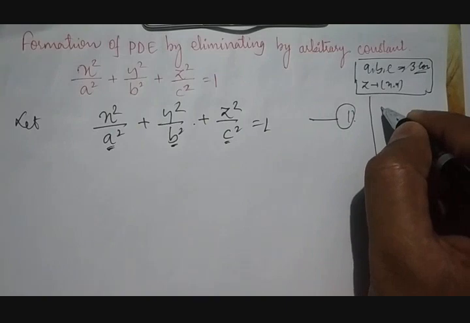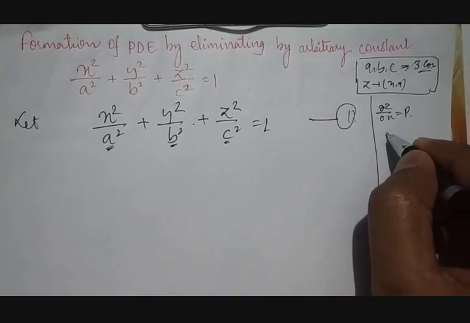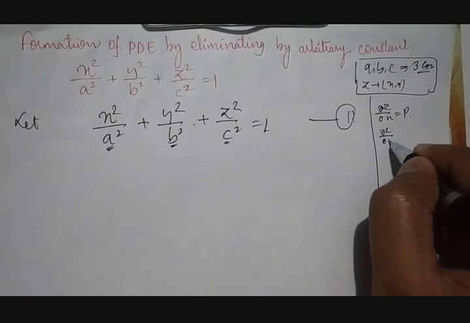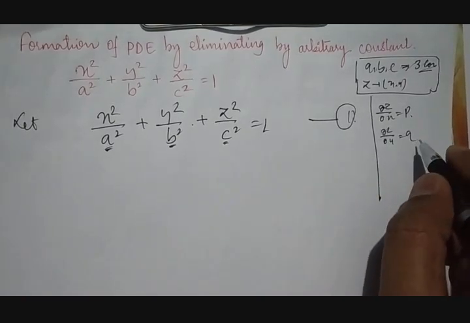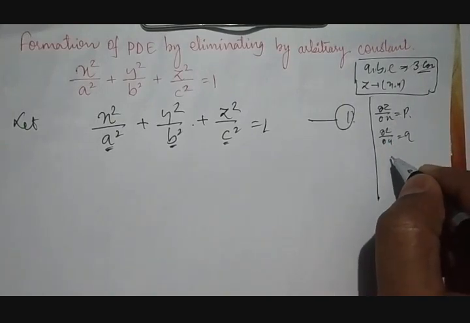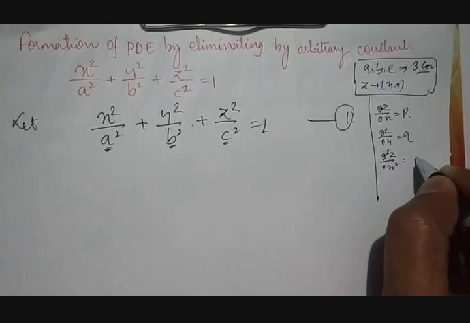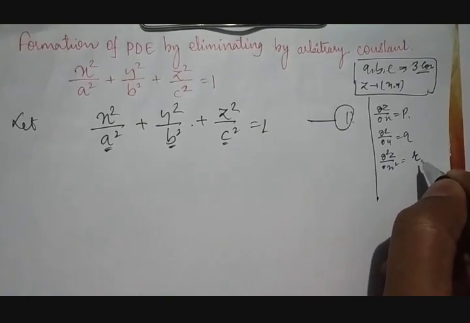We know that dou z by dou x is p, and dou z by dou y is equal to q. If it has to be extended, dou z by dou x taken once again becomes dou square z by dou x square, and the notation is r.